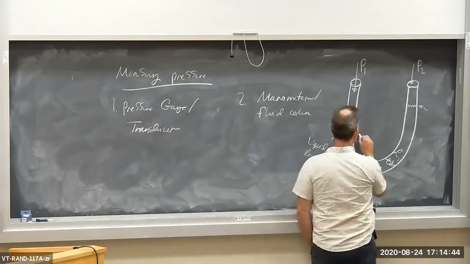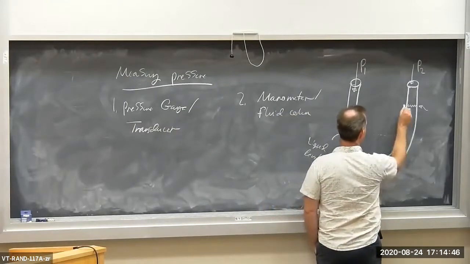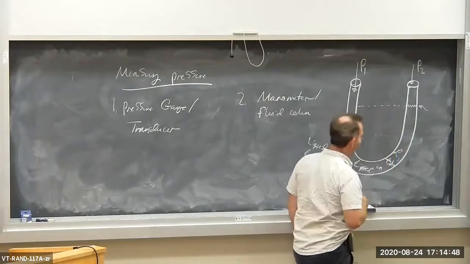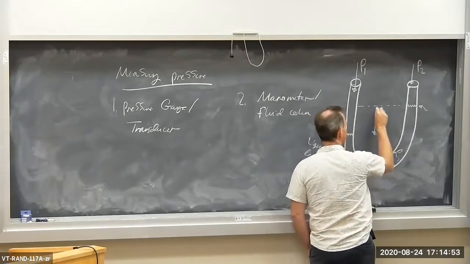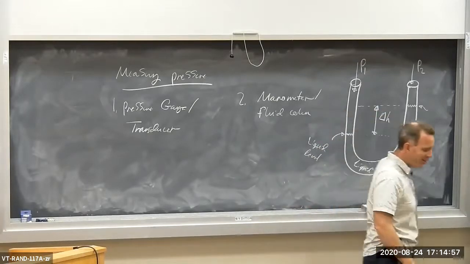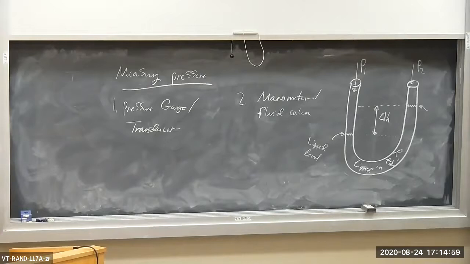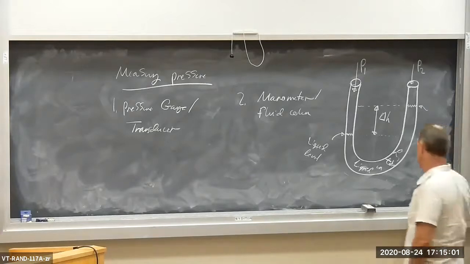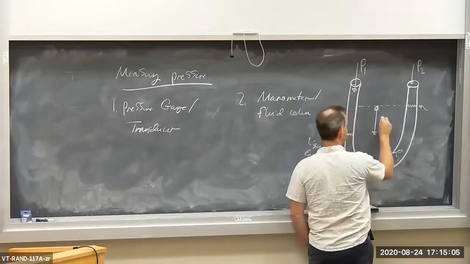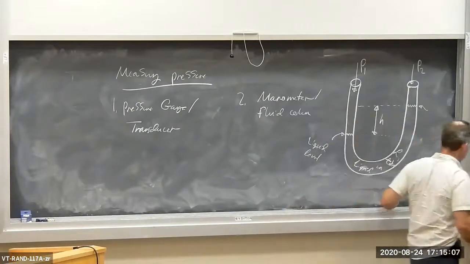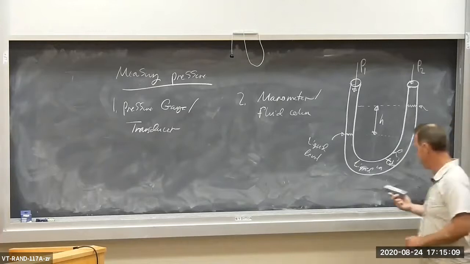Now, this difference in height between the two liquid levels, I'm going to call this delta H. It's a height, or you can call it delta H or an H. I guess we can call it H. Why not?